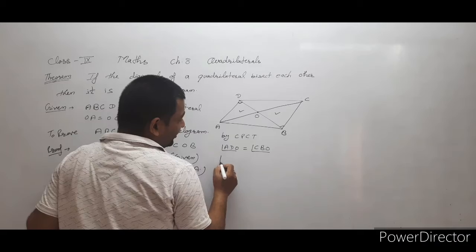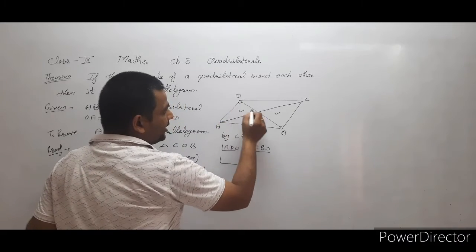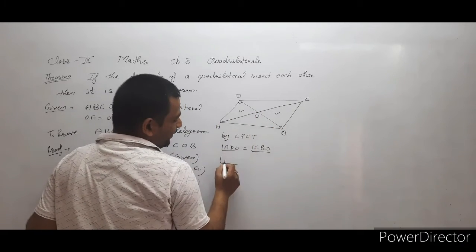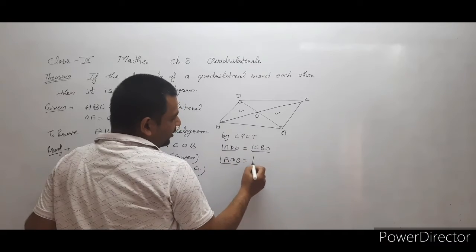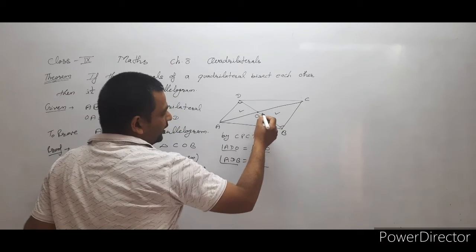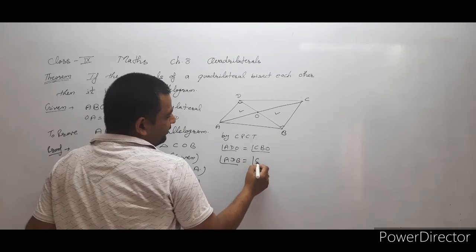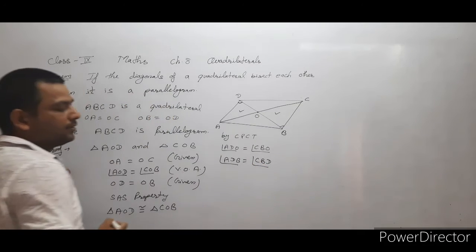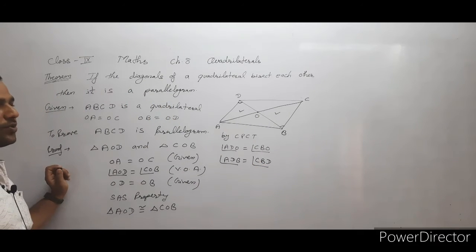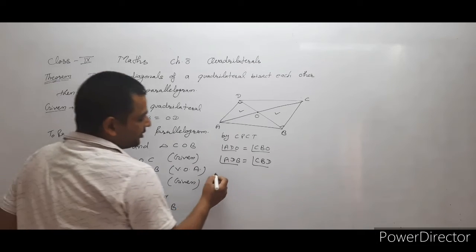We can also write ADO as ADB equals CBO as CBD. So ADB is equal to CBD.